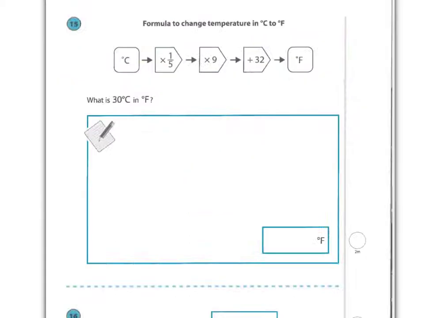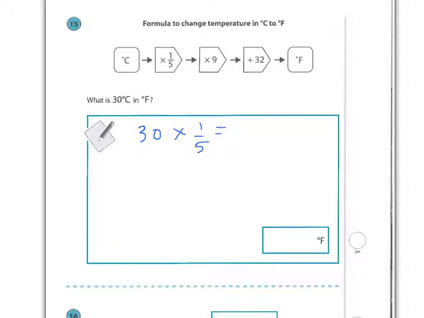Now here we have a function machine, and this is the formula that is used to change from temperature in degrees C to temperature in degrees F. The question underneath asks us, what is 30 degrees C in degrees F? So we put that 30 through the machine. We would first of all do 30 times 1/5, or in other words, what is a fifth of 30?